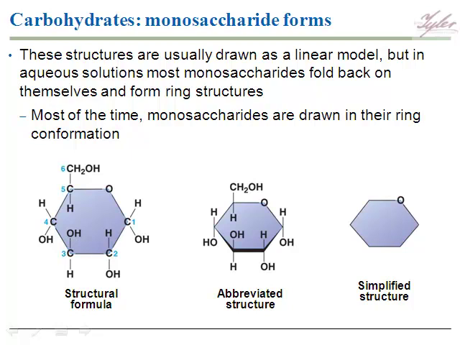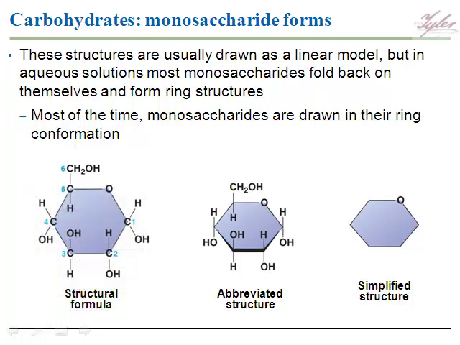Now, other forms of carbohydrates, they're usually drawn as a linear model, but in aqueous solutions, monosaccharides fold back on themselves and form ring structures. Most of the time, monosaccharides are drawn in their ring formation. And you can see here the carbons, again, 1, 2, 3, 4, 5, 6, okay, and where the bends are, that's telling you there's 1, 2, 3, 4, 5, and then there's the 6th carbon already drawn for you.